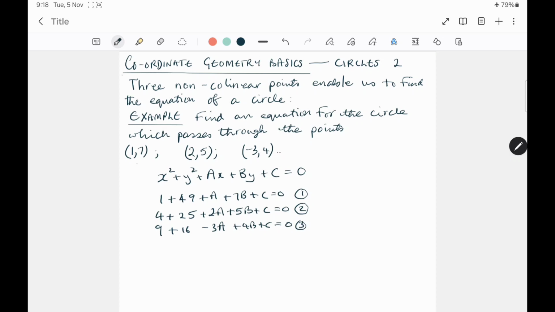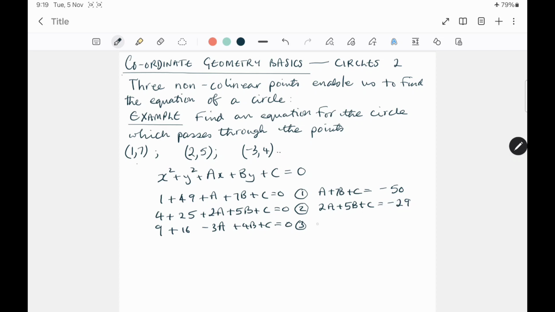Before we go any further, just tidy those up. So the first one will be a plus 7b plus c equals minus 50. The next one will be 2a plus 5b plus c equals minus 29.